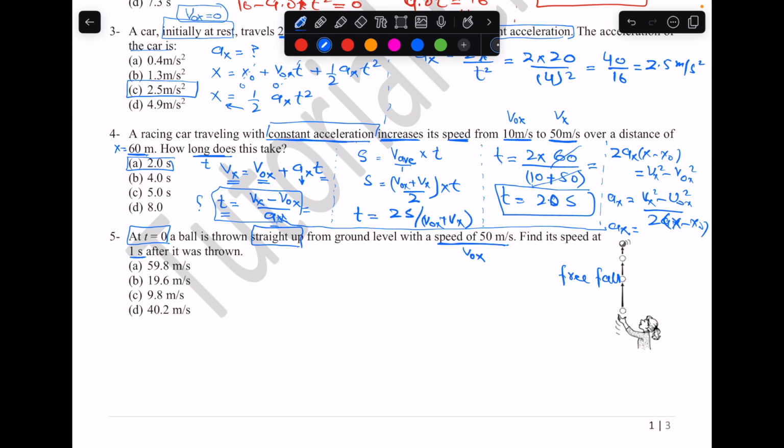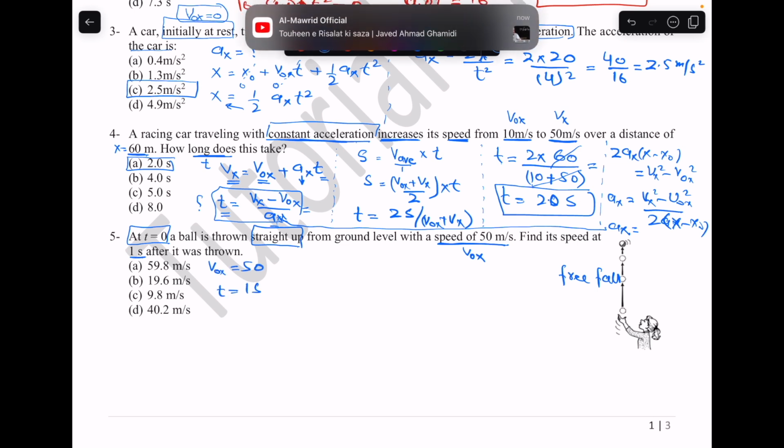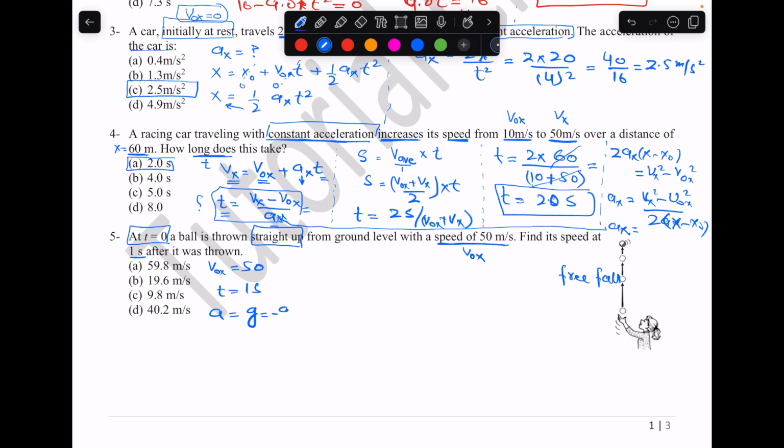We are given v naught of x is 50, the time is 1 second, and your a is g, which is minus 9.8 because the ball is going up. We wanted to find its speed, which is vx.